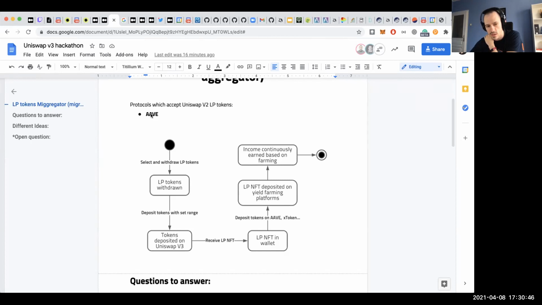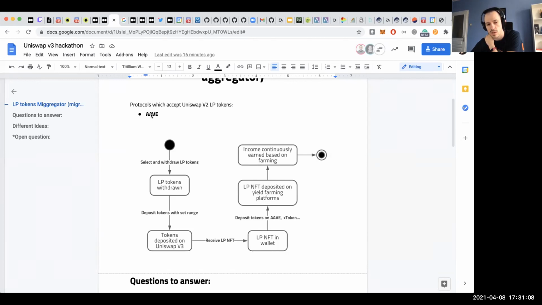So our whole idea was that we take it a step further, where we say, well, okay, but some of these liquidity pool tokens for version 2 are locked in some other protocols on DeFi, such as Aave probably, and they are represented through Aave tokens now, and the migrator contract cannot accept them as they are.